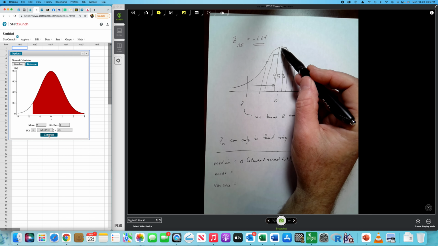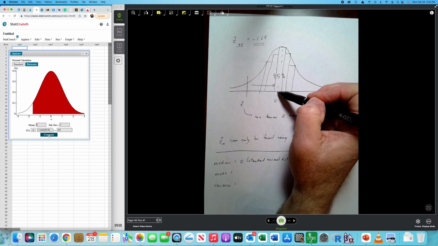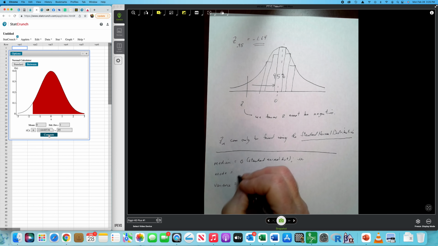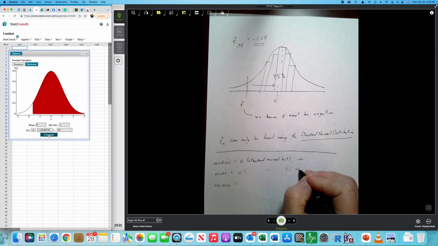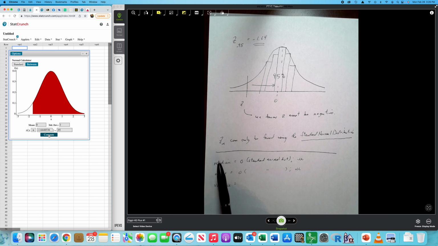And where does that have to happen? It has to happen in the center. So the mode is also 0 in a standard normal distribution, and it's also at the mean in a non-standard normal distribution. For the ACT, the mean was 21, so 21 is going to be the mean, the mode, and the median.